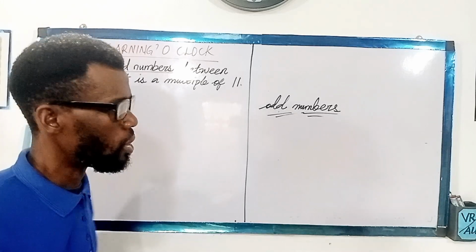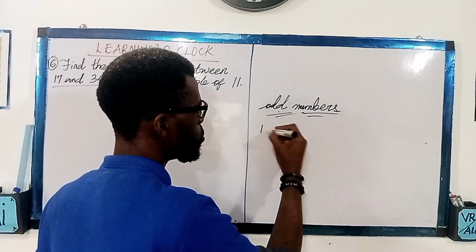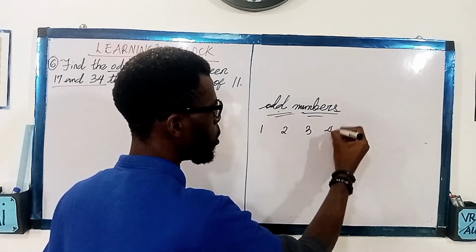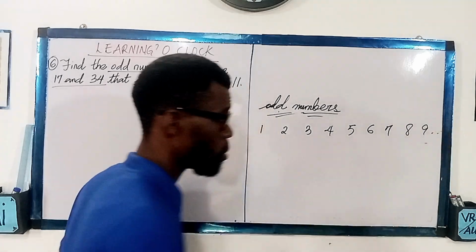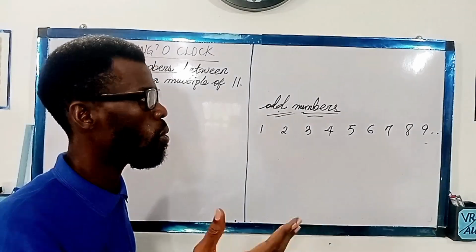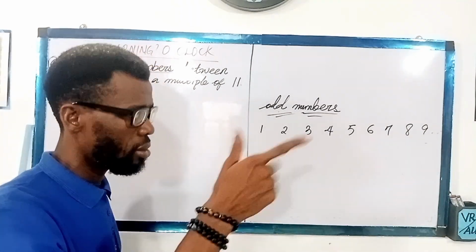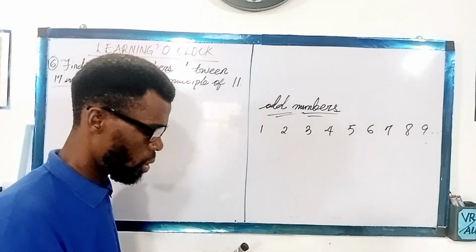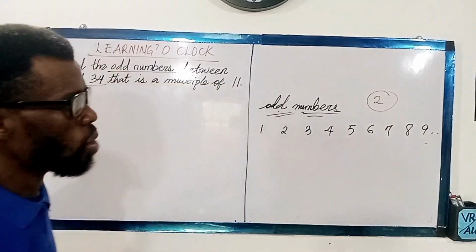So what do we mean? If we take the numbers 1, 2, 3, 4, 5, 6, 7, 8, 9, and on and on, those are the basic numbers, the units.